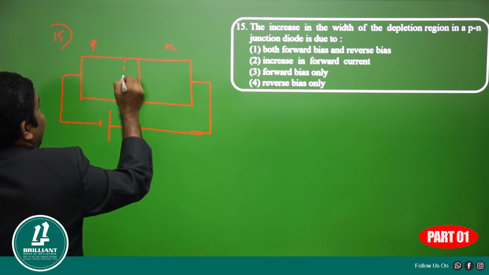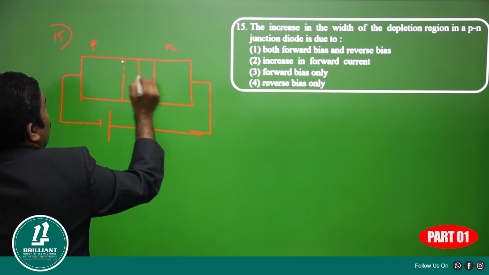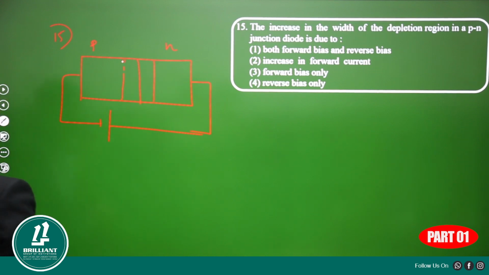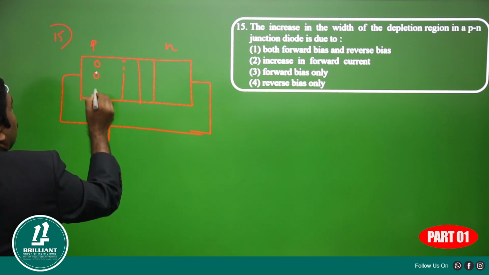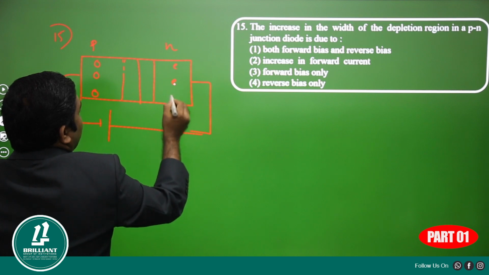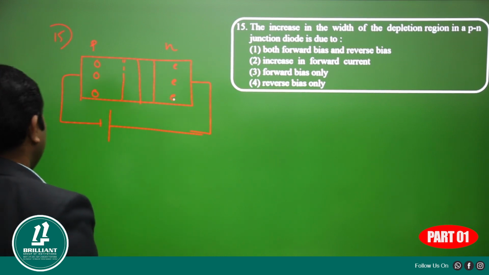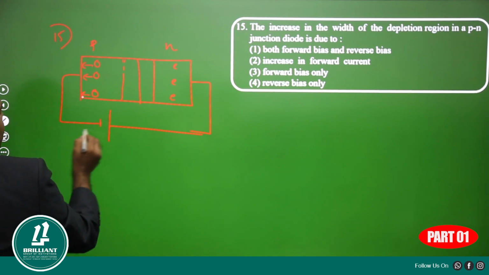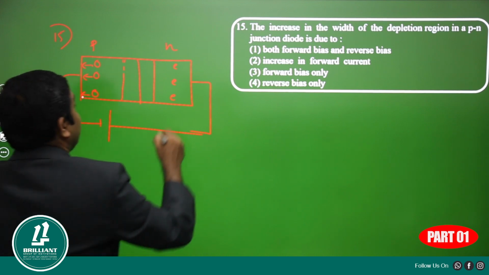The region near the PN junction which contains no mobile charge carriers is known as the depletion region. In P, holes are the majority charge carriers, and in N, electrons are the majority charge carriers. In reverse bias, holes are attracted by the negative terminal because holes are assumed to be positive charge.